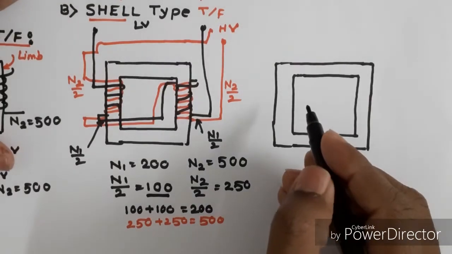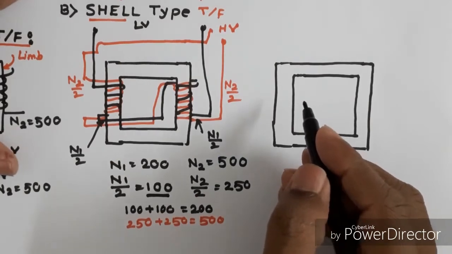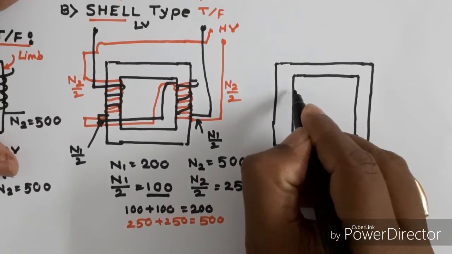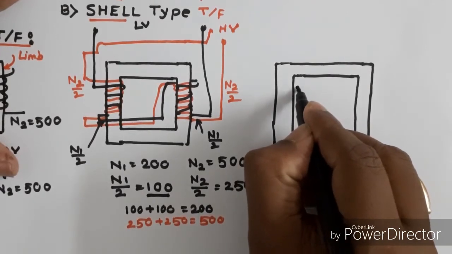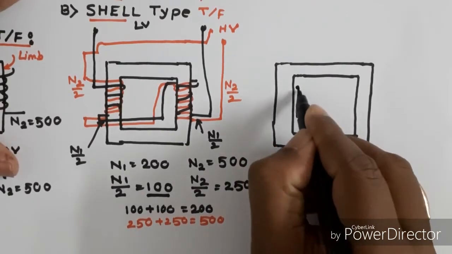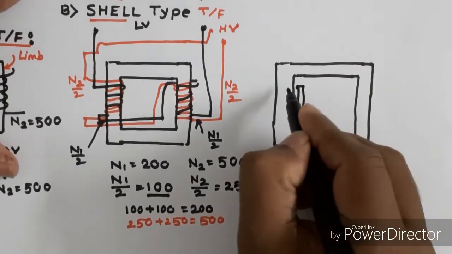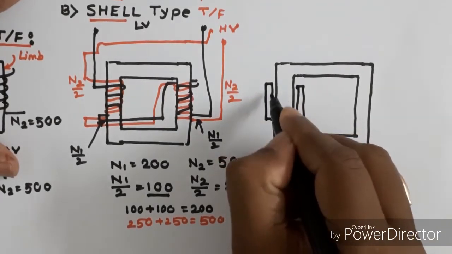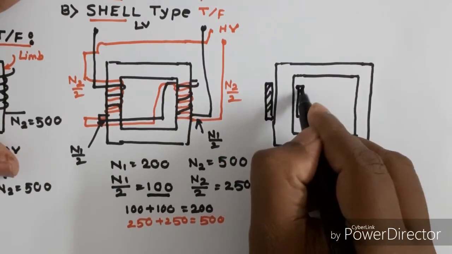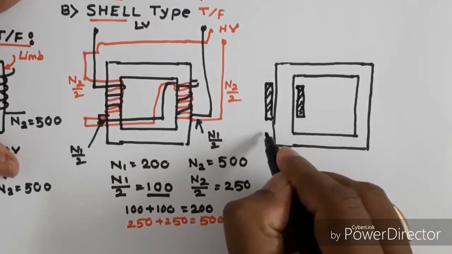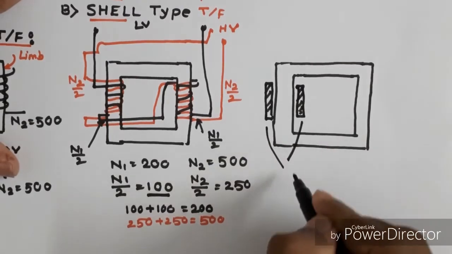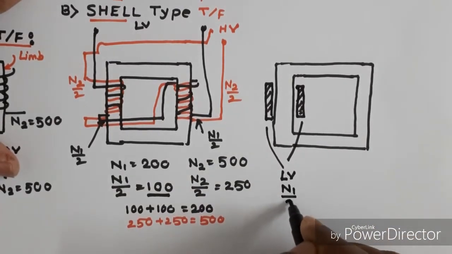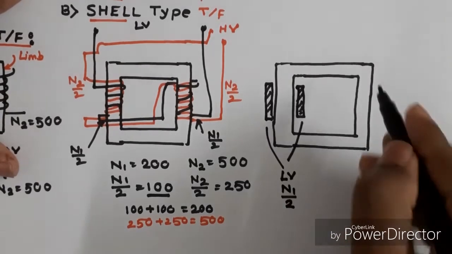If we see the cross section view of the core with winding, then this is the core. Over the core there are N1 by 2 number of turns of LV winding.